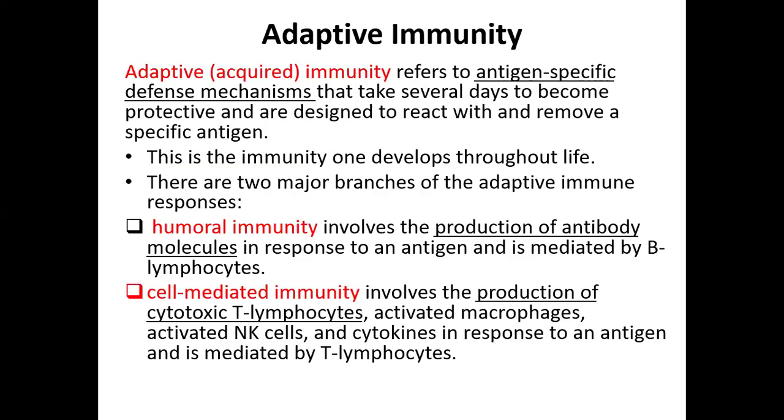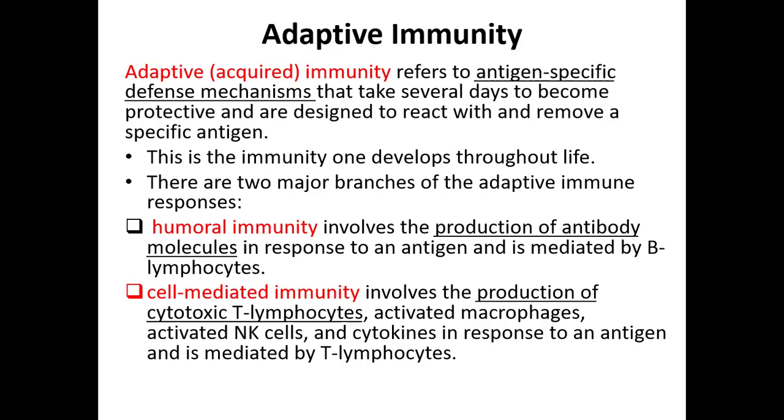But adaptive immunity is antigen specific defense. It means that to develop adaptive immunity, it is necessary to recognize the antigens, and adaptive immunity is developed against specific antigens, and it can interact with one antigen.